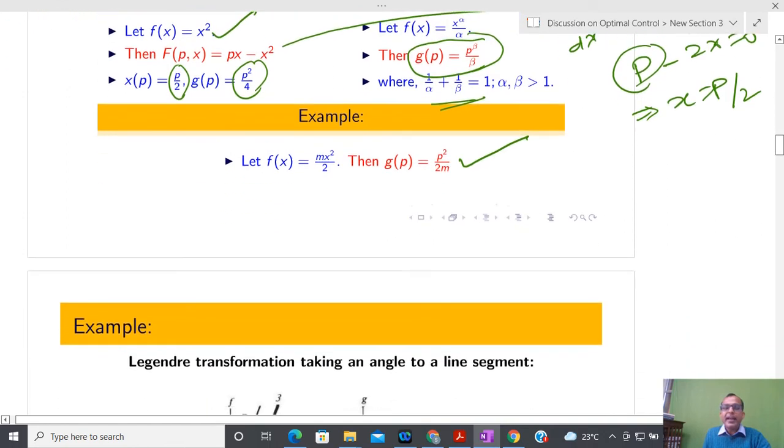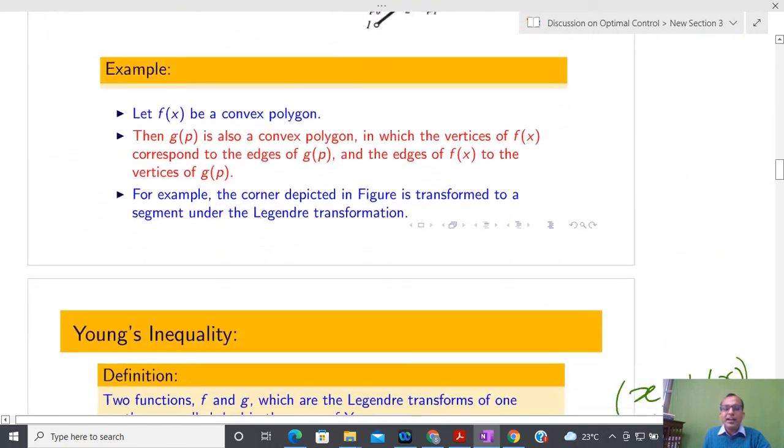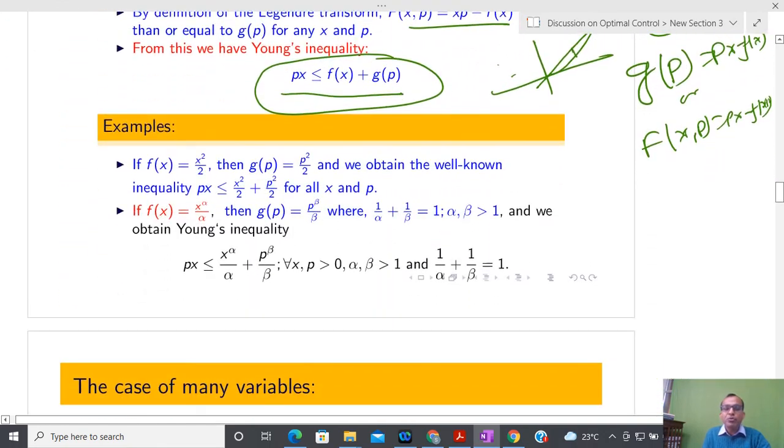Similarly, if you take x square by 2, then it is possible to show that the Legendre transformation is p square by 2. So from here you can directly write this inequality: px is less than or equal to x square plus p square. And you can also confirm this kind of thing.